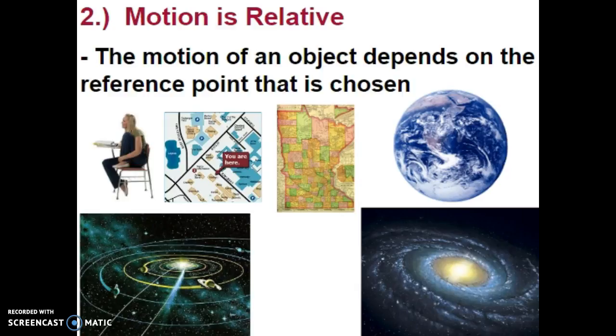Motion is occurring all of the time. Technically, because the earth is rotating and revolving around the sun, even when you are sitting in a position that you think you are still, technically you are still moving. But remember, in order to see motion, we need to have that frame of reference or reference point.